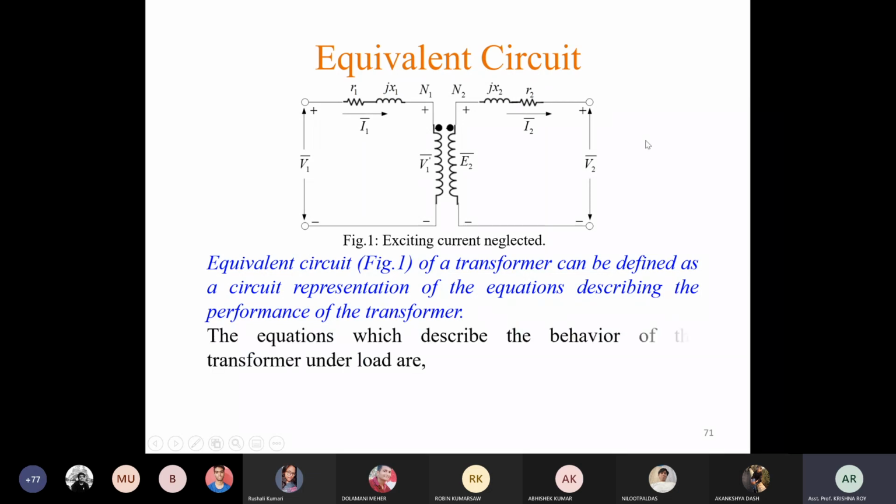So we can write V1 as V1 dash plus I1 into (R1 plus jX1), or Z1. I1 Z1 is the voltage drop across the leakage impedance.